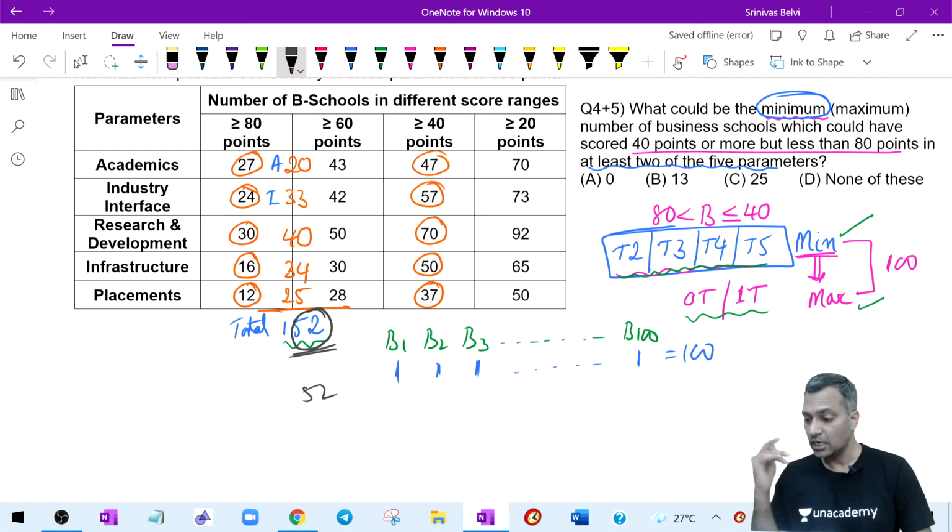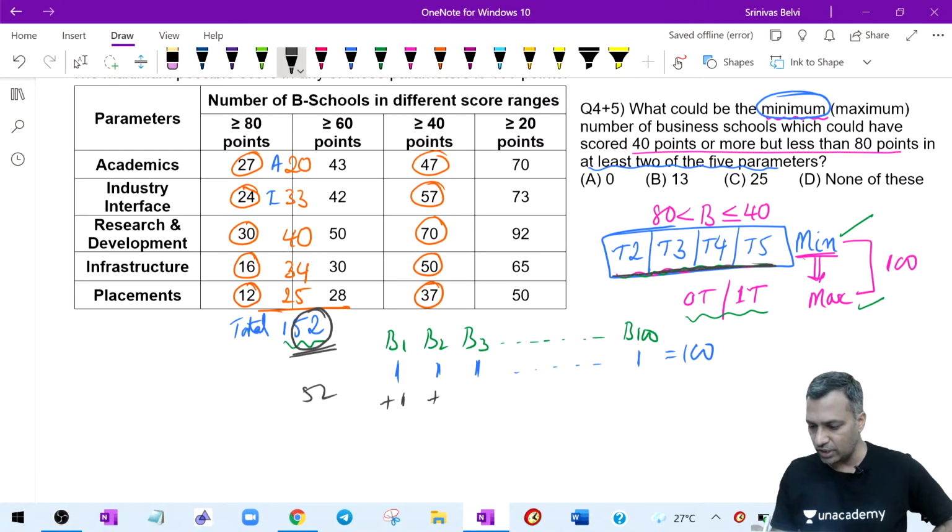But if I give any additional token to anyone, they will get disqualified. I want minimum, so I want to minimize the people who get this. If I give only one each, then 52 of them will get it.